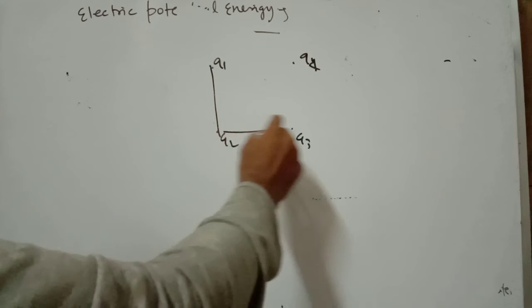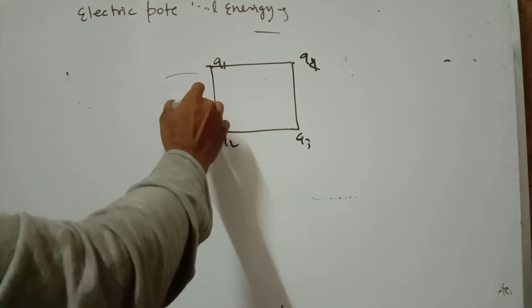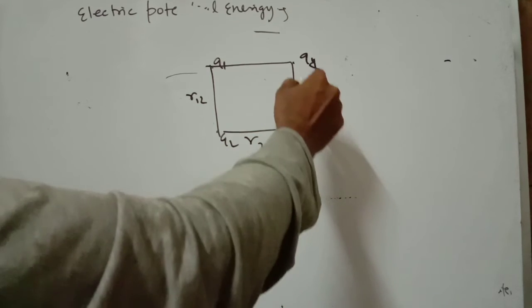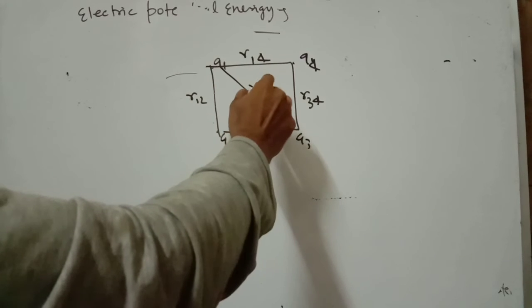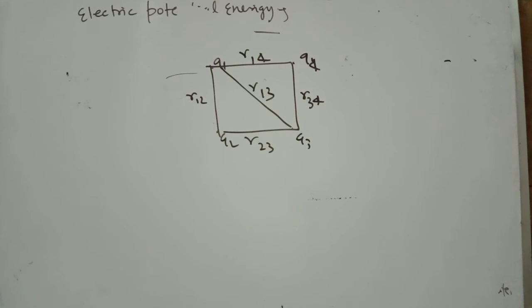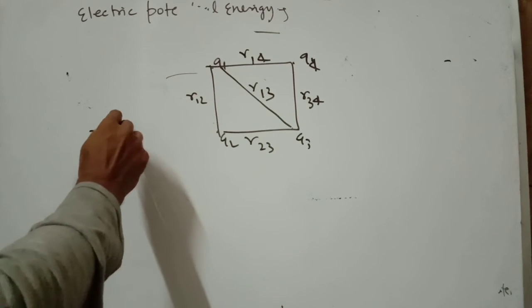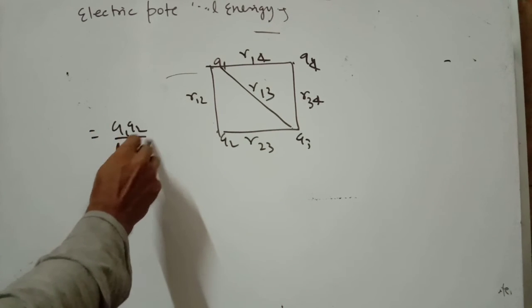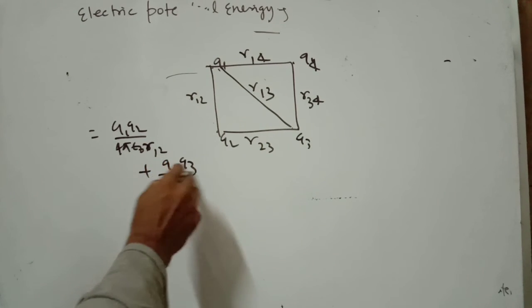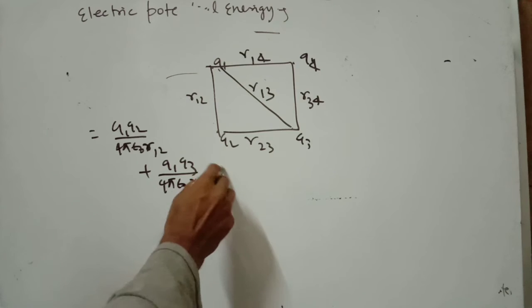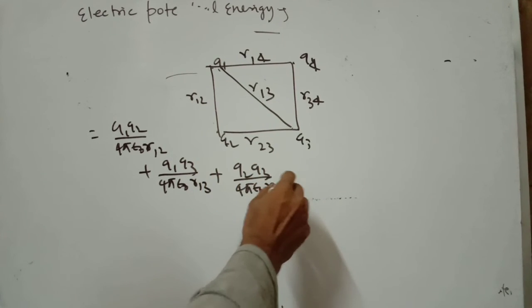we consider four charges, q1, q2, q3, q4. Let the distances between the charges be r12, r23, r34, r14, and r13. So what is the electric potential due to the system of all charges? You can write q1 q2 by 4 pi epsilon naught r12 plus q1 q3 by 4 pi epsilon naught r13, and similarly q2 q3 by 4 pi epsilon naught r23.